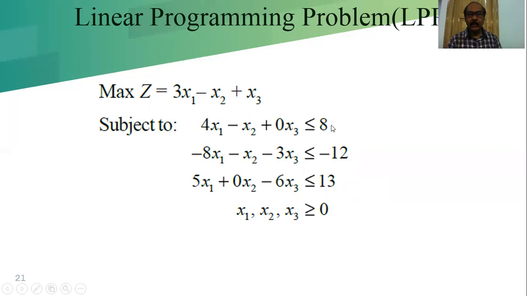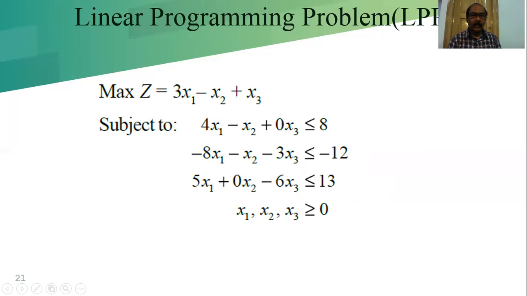From that we can say, let W1, W2, W3 be the dual variables for the dual problem. So the objective function is minimize Z1 = 8W1 - 12W2 + 13W3.